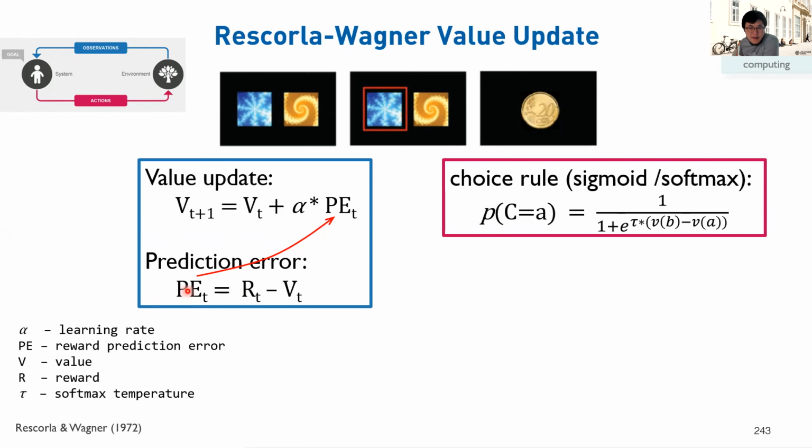So the prediction error can be positive, negative, or zero. When your actual feedback is better than what you think, it is a positive prediction error. If the actual outcome is worse than what you expected, then it is a negative prediction error. If your observation is the same as what you expected, the reward prediction error is zero, so no error in terms of the prediction.